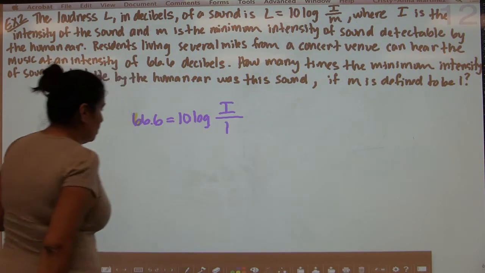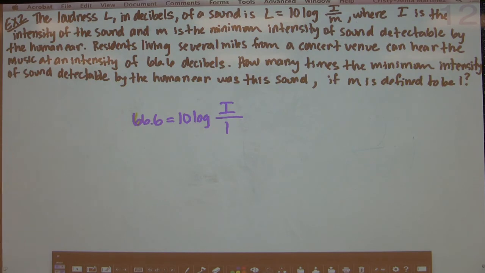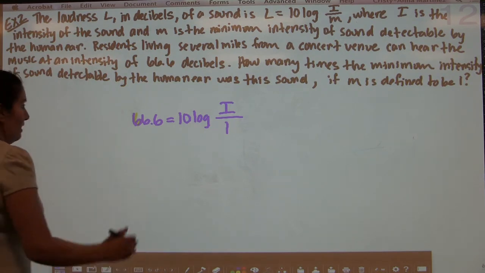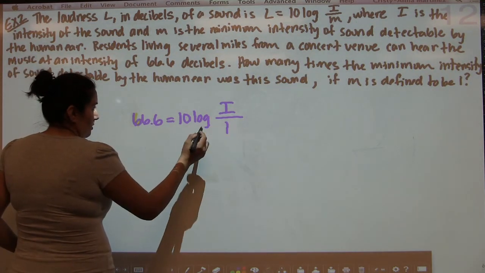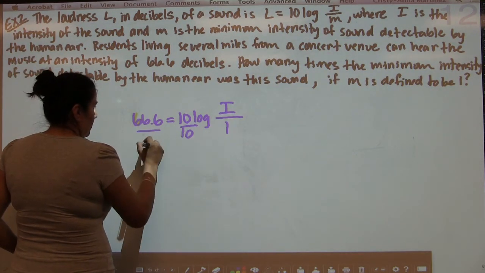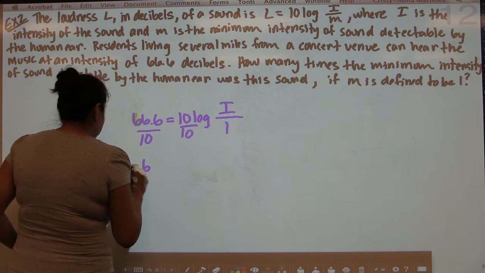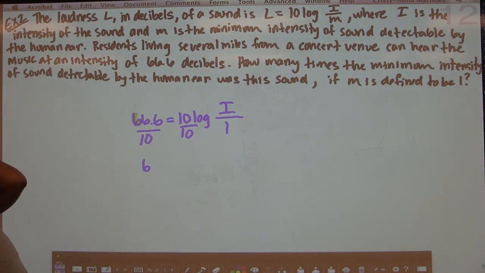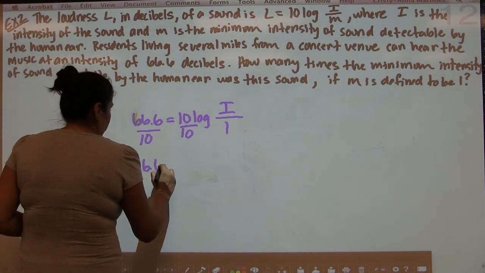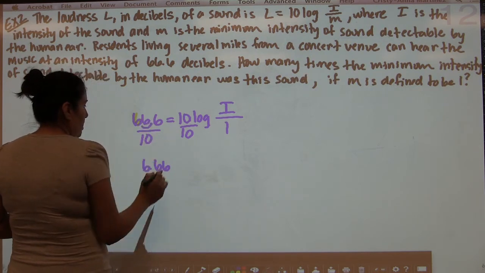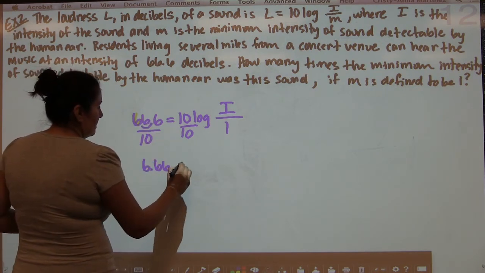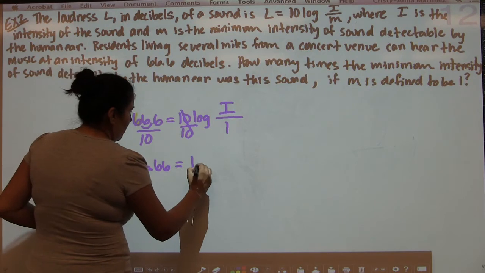Now we divide both sides by 10, which gives us 6.66. That's just a matter of moving the decimal place right 1 unit over. And these 10s cancel, so now you have log I.